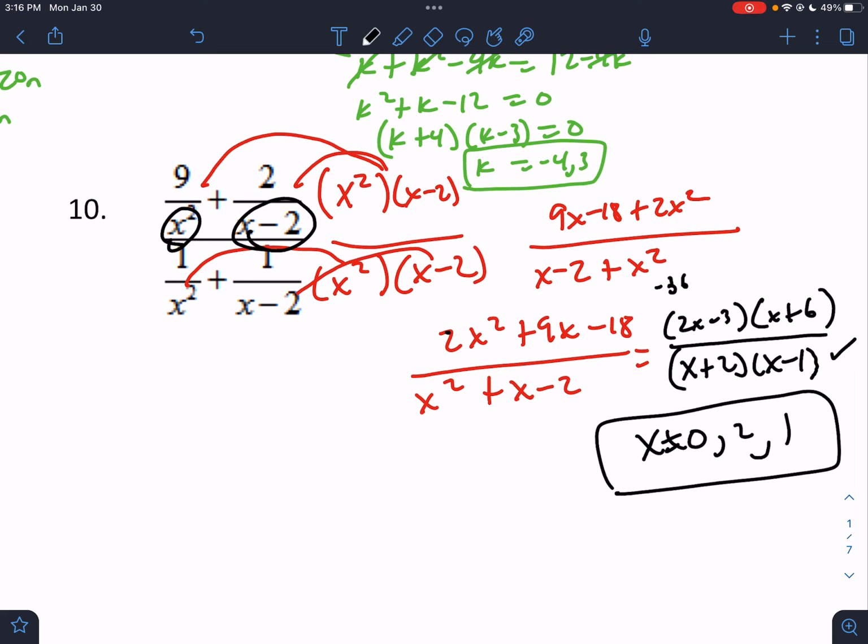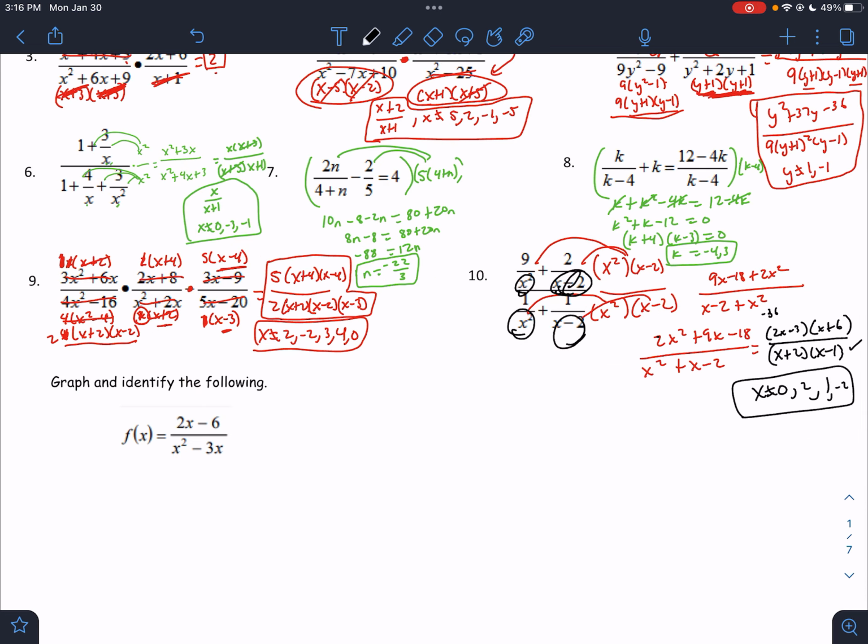So 0, 2, and 1 are off the table. Oh, wait, there's a negative 2 there as well. Negative 2 alert. Sorry, negative 2 from this spot. Remember, any denominator at any point in the fraction breaks it.